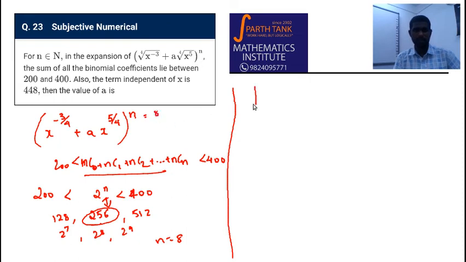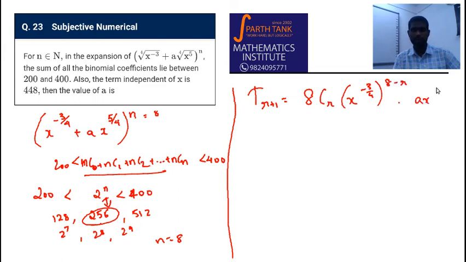Now write the general term. Tr plus 1 is going to be 8Cr x to the power minus 3 by 4, the whole power 8 minus r, and then A x power 5 by 4, the whole power r.